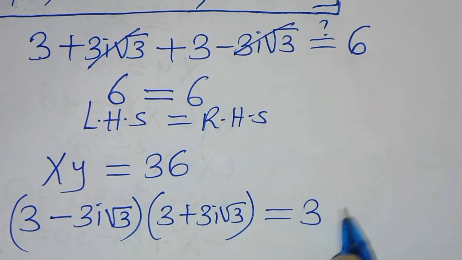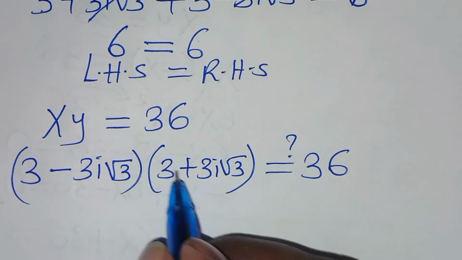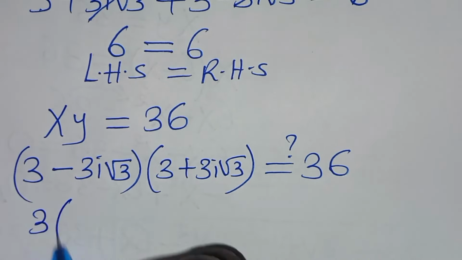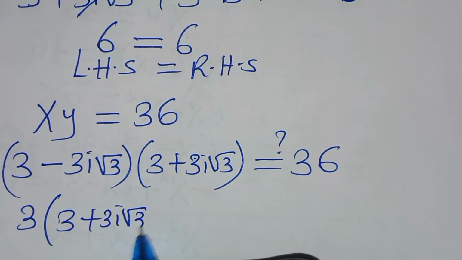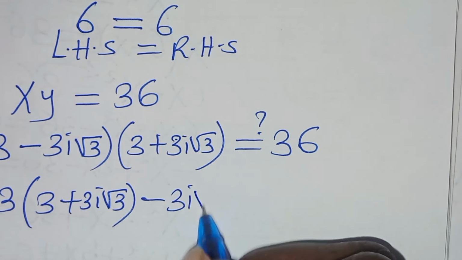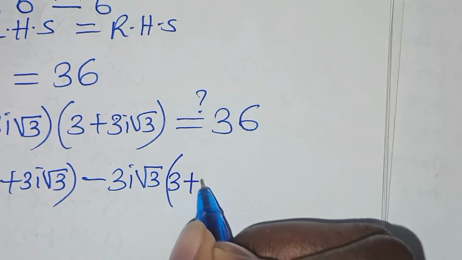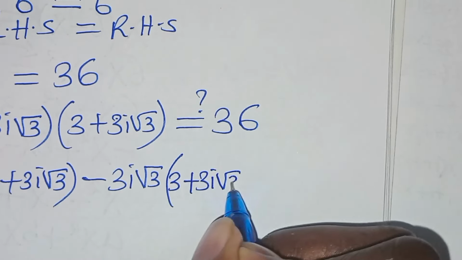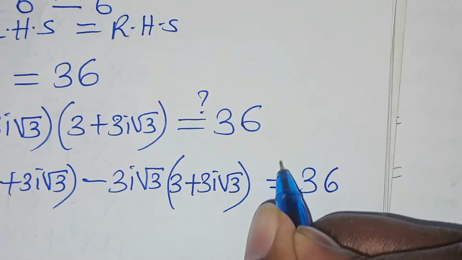This should give us a value of 36. So we have 3 times 3 plus 3i square root of 3, subtract 3i square root of 3 times 3 plus 3i square root of 3. This is supposed to give us a value of 36.